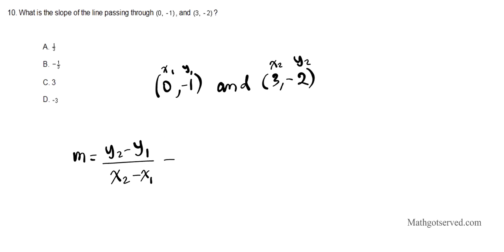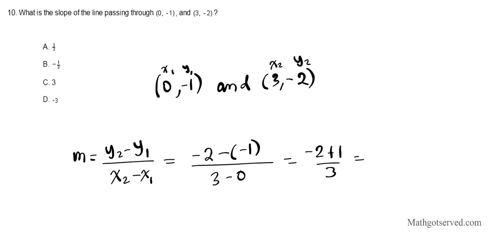All right, so let's plug this into this formula. We're going to have negative 2 minus negative 1 over 3 minus 0. Okay? And this comes out to negative 2 plus 1 over 3, which is negative 1 over 3. Okay? So there goes your slope. Your slope is negative 1 over 3. Answer option B. So there you have it.